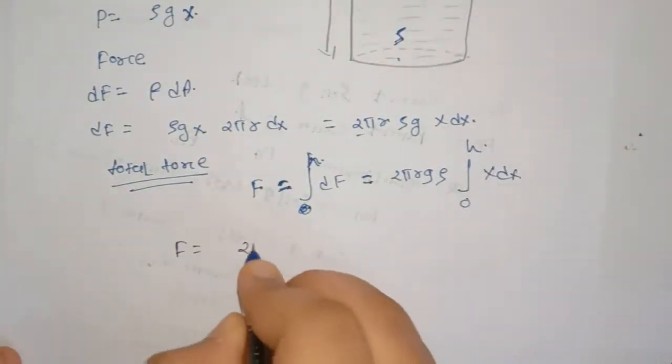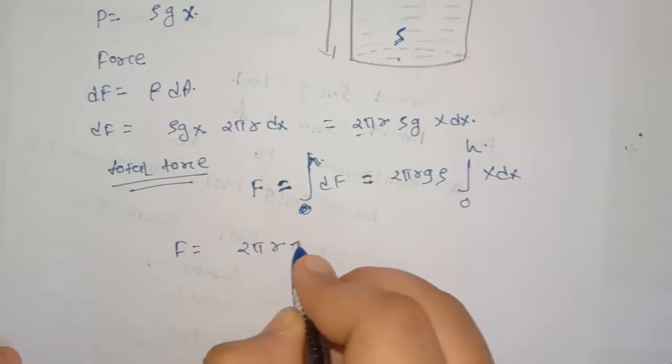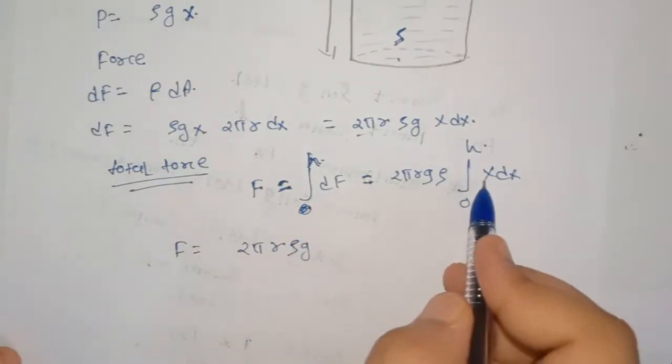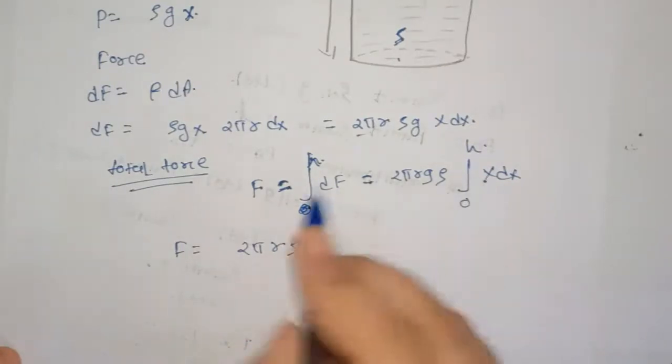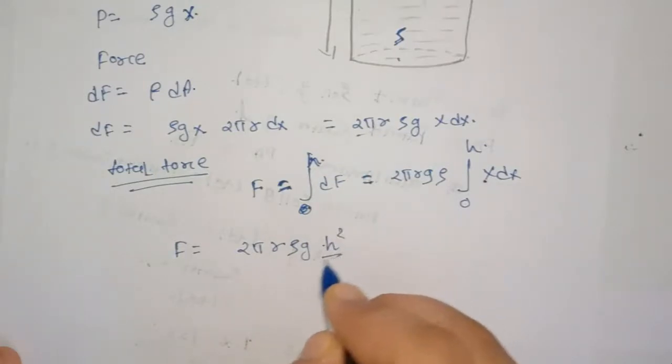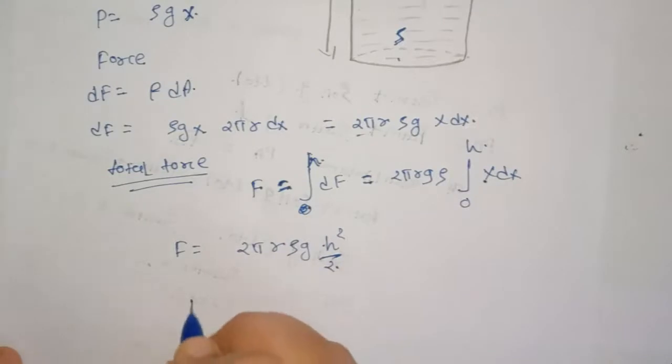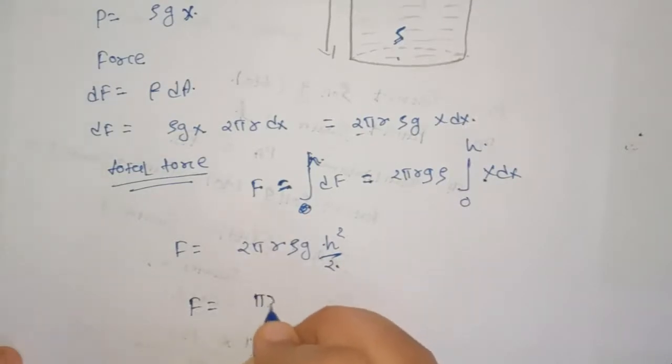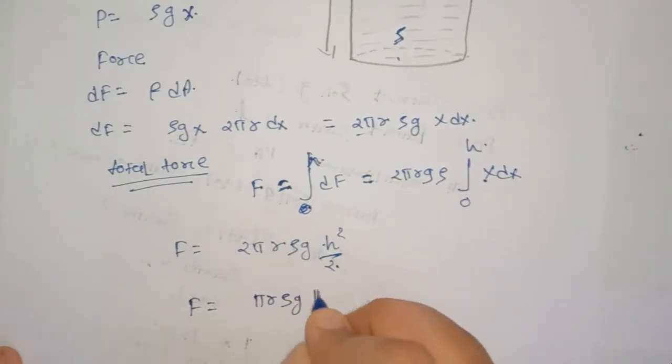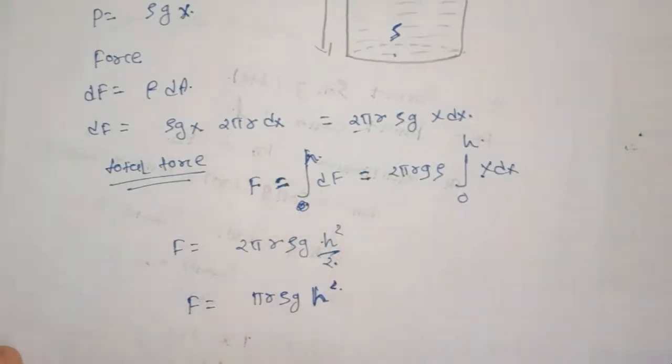So force will be equal to 2 pi r rho g, which will be constant, x dx with limits from 0 to h. Integration of x will be x square by 2, so that will give us h square by 2. This 2 will get cancelled out, so force will be pi r rho g into h square.